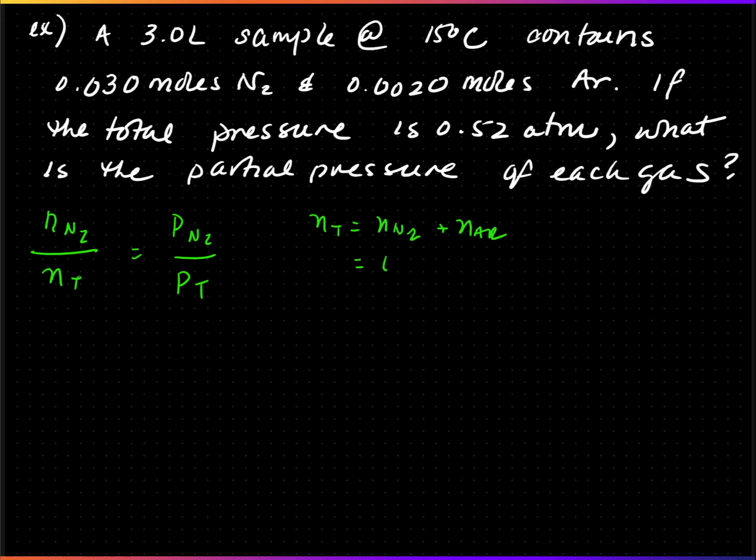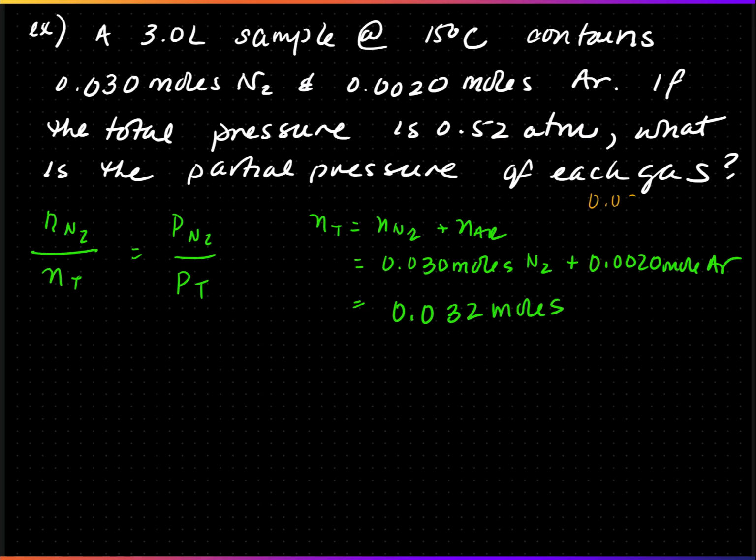So this is equal to 0.030 moles of N2 plus 0.0020 moles of argon. If you add that, you will get 0.032 moles. And the sig figs are correct because if I line up the decimal, this is the least precise position, so it rounds after the decimal.